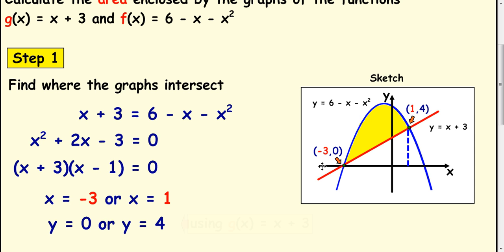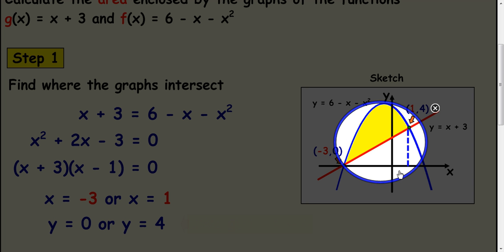So we can see what the upper function is. Again, if you look, just take this part here, and then we're looking between the two limits. And if I pick this point here, for example, that red line is lower than the blue line. Again, over here, this red line is lower than the blue line.